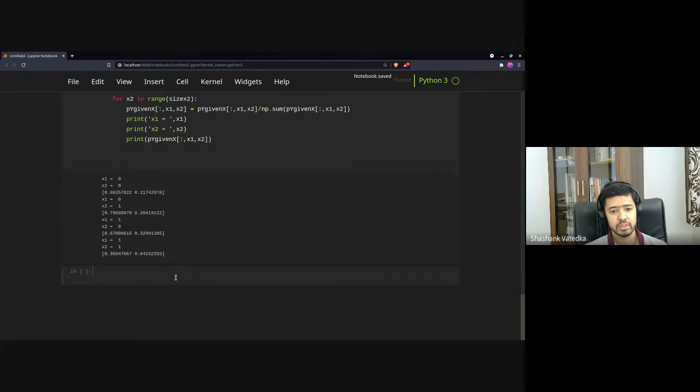So this is basically my channel. When x1 equal to 0 and x2 equal to 0, y is equal to 0 with probability 0.88, and it's equal to 1 with probability 0.11. When x1 equal to 0 and x2 equal to 1, the output is equal to 0 with probability 0.79 and equal to 1 with probability 0.204, and so on.